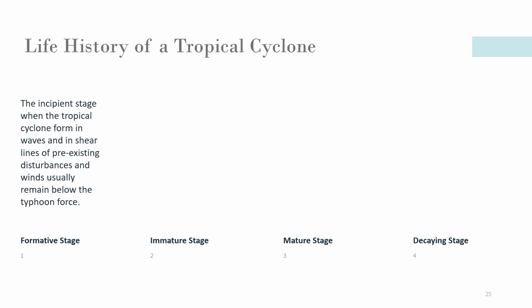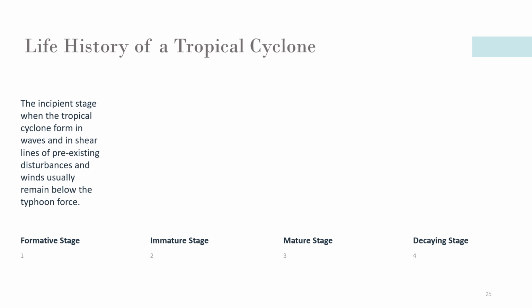The formative stage is the incipient stage when the tropical cyclone forms in waves and in shear lines of pre-existing disturbances, and winds remain below typhoon force. It could be formed by a pre-existing small disturbance, the small wind shear.